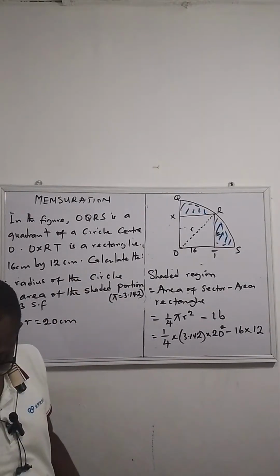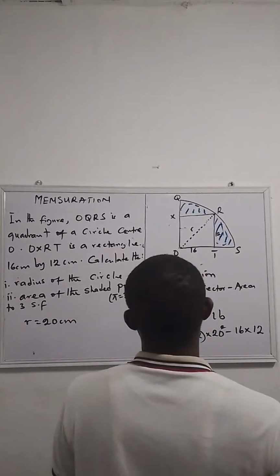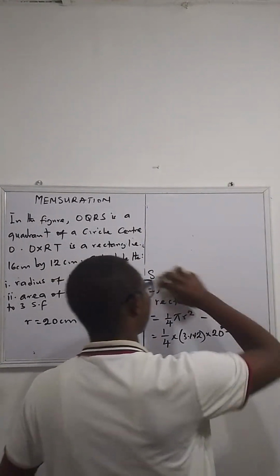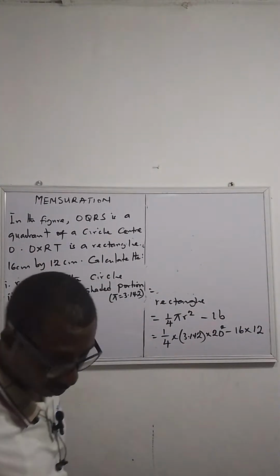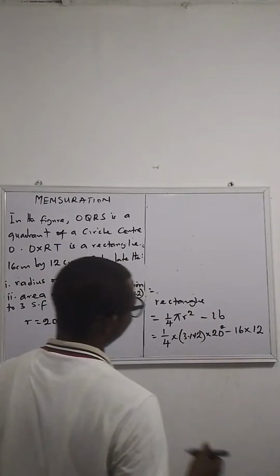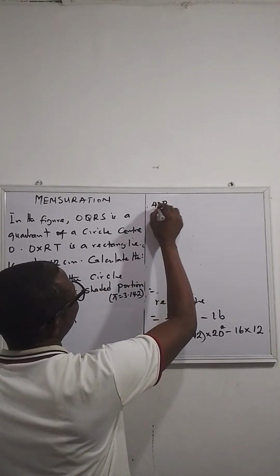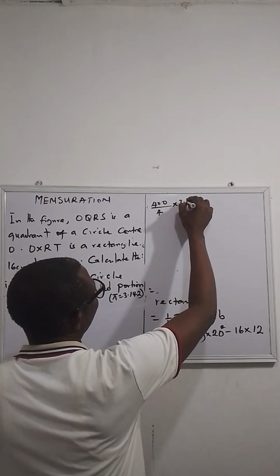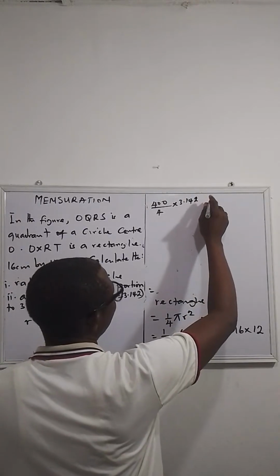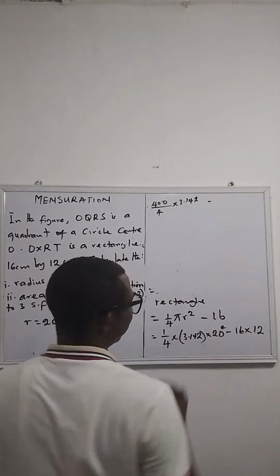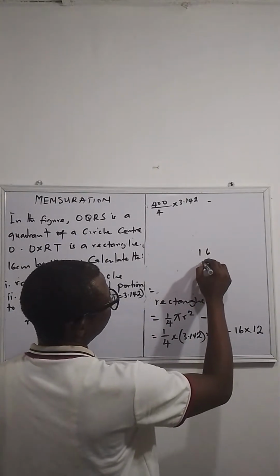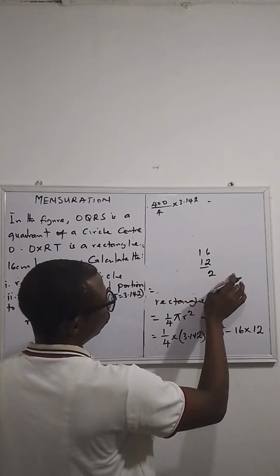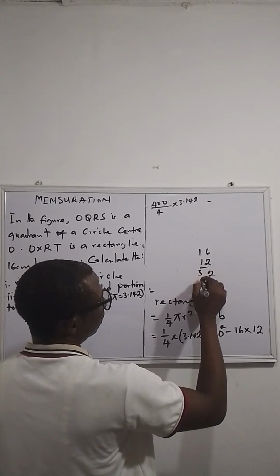Okay, so how do we evaluate this now? We have 400/4 times 3.142, minus, now let's multiply this. 2 times 6 is 12, 2 times 1, 2, that's 3, 6, 1.